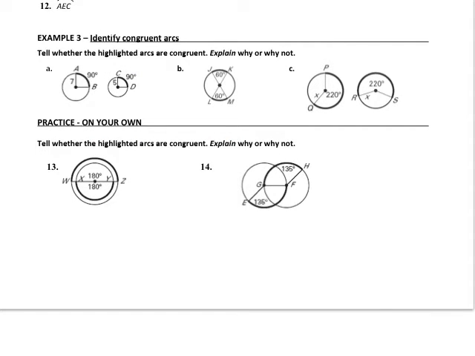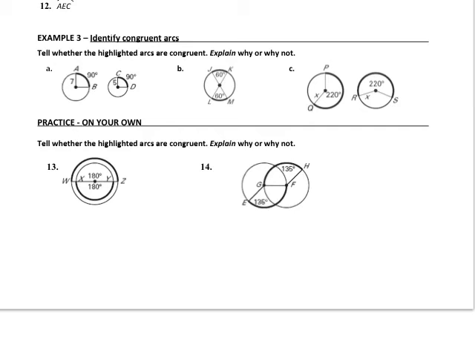Up next is going to be example 3, where we have to identify congruent arcs. It says here to tell whether the highlighted arcs are congruent, and then we also have to explain why or why not. I just want to remind you that congruent circles are two circles with the same radius, and congruent arcs are two arcs with the same measure that are arcs of the same circle or of congruent circles.